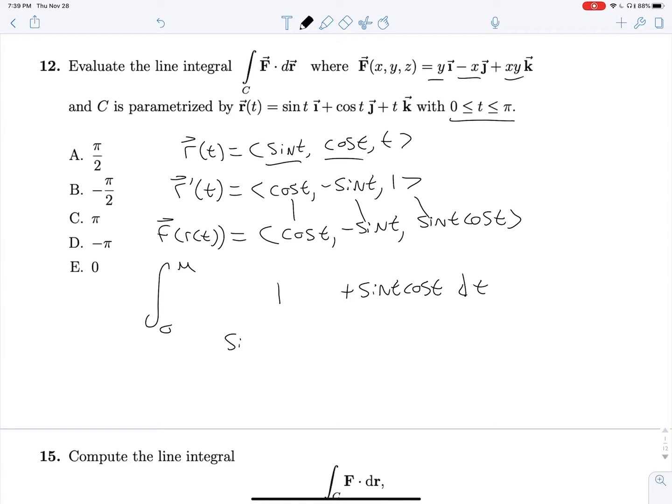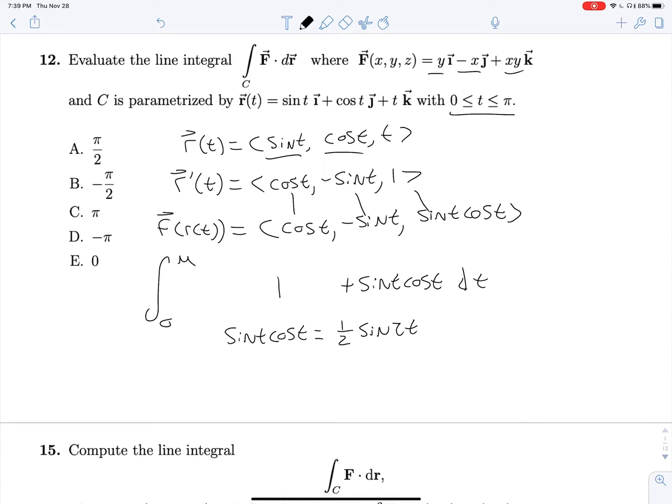We know that sine t cosine t is 1/2 sine 2t. So this whole thing is going to work out to t minus 1/4 cosine 2t evaluated on 0 to pi.